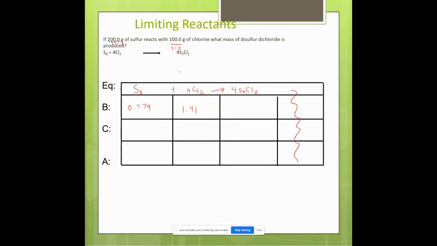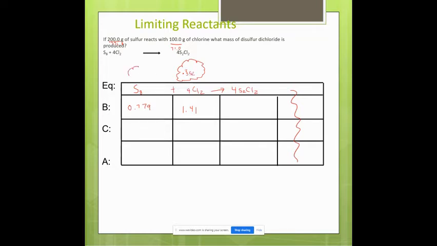Then we're going to end up making 2 different clouds. So we've got one for the chlorine. When we take the 1.41, we're going to bring that up into the cloud. And remember, when we go up, we divide. So 1.41 divided by 4 is 0.352.